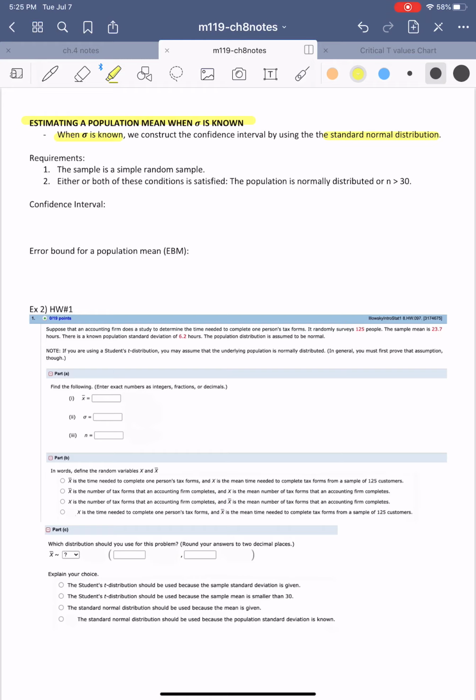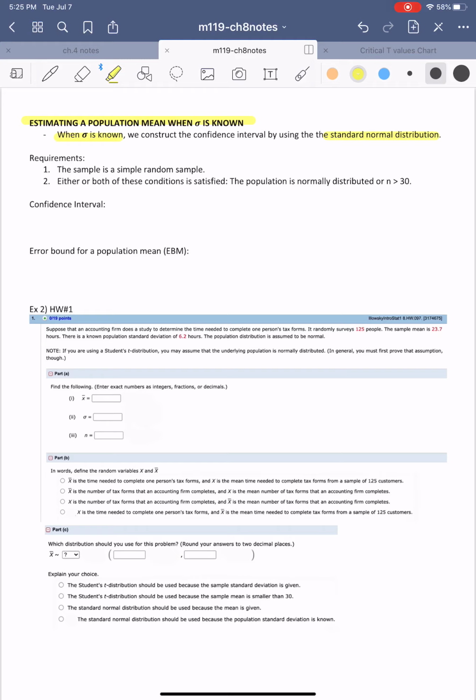Well, first, your sample should be selected as a simple random sample, using a good method. And then either or both of these conditions is satisfied: the population is normally distributed, or you have a large enough sample, which is greater than 30.